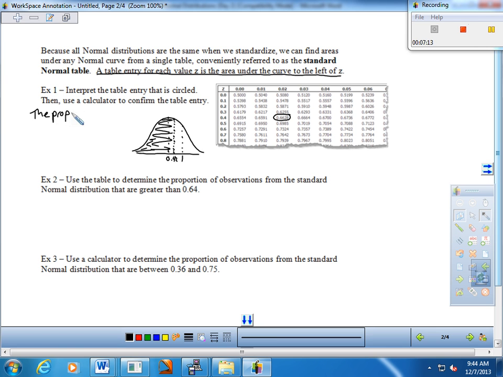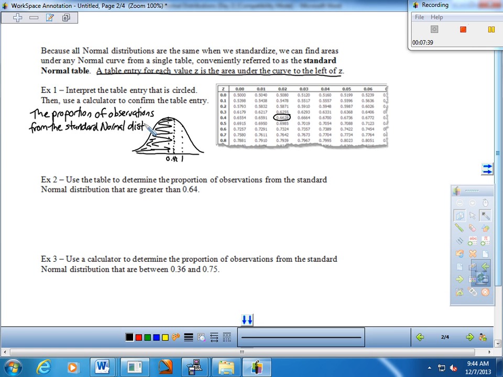Kind of putting it as a full sentence here, and if you want to paraphrase this, you're more than welcome to. But essentially, it's the proportion of observations from the standard normal distribution. That's the key. So I might have to shorthand a little bit here, but you'll get the idea.